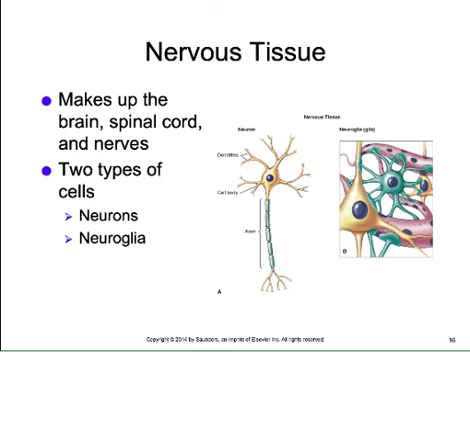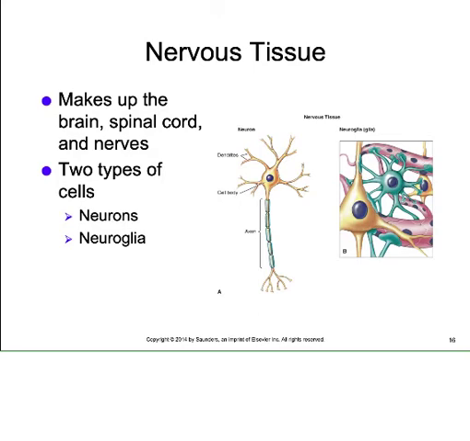Nervous tissue is different yet again. Okay? Nervous tissue is designed to send and receive electrical information through the use of either direct connections between adjacent nerve cells called neurons, or through chemical signals that produce electrical signals when they land on the membrane of the nerve cell.